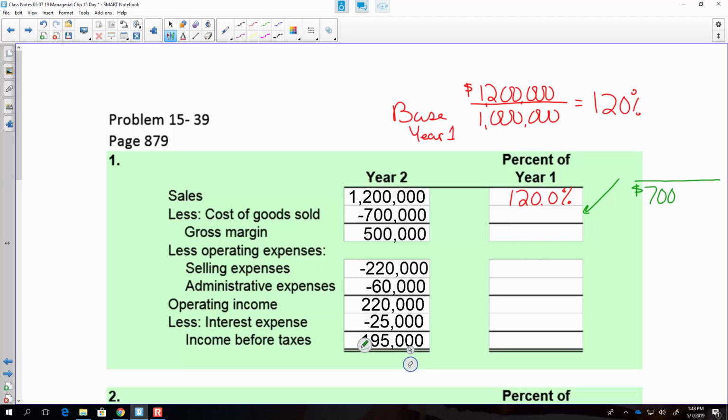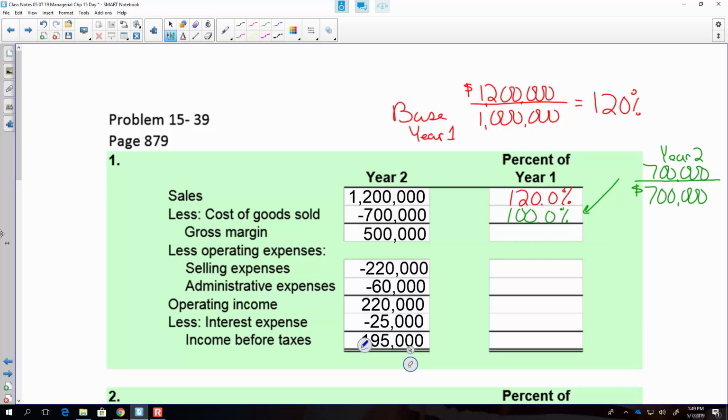And by chance, it's the same number for year 2. So remember, we're always dividing our year 2 number, in this case, by year 1's number. So this is 1, so my percentage is 100%. Now we don't put brackets in this 100%, even though cost of goods sold is a negative number, right? We leave it as a positive number.